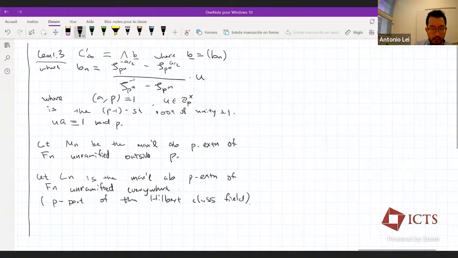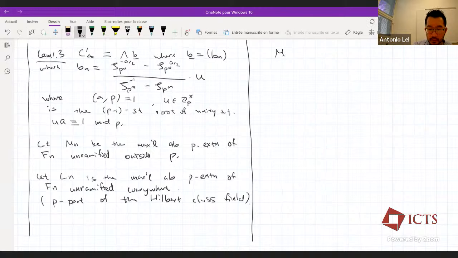Then I'll look at the union of these fields.